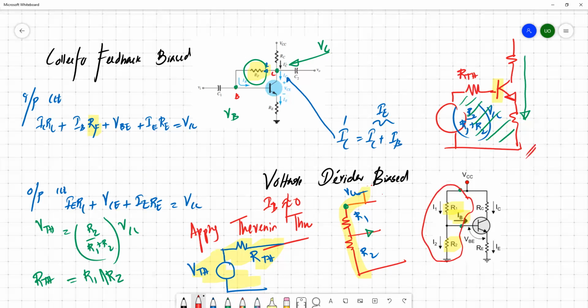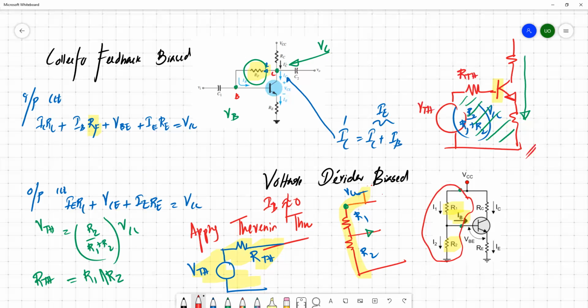You have a VTH here and you have RTH here. Then you can apply Kirchhoff voltage law for the input and output circuit with this replacement or simplification. Then you can analyze the circuit and find out the required resistors, and what the currents and voltages are through these different parts and terminals.